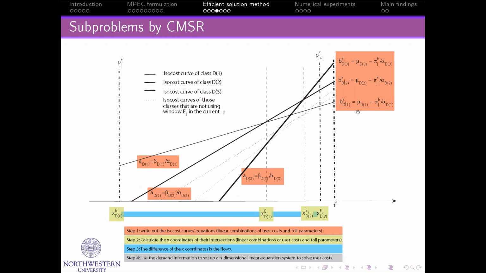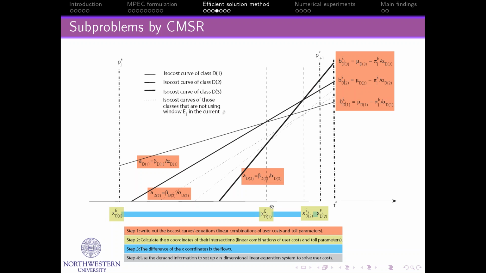Then we calculate the x coordinates of the intersects here, here, and here of the isocost curves. They are also linear combinations of user costs and toll parameters.